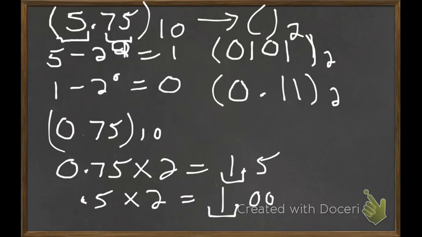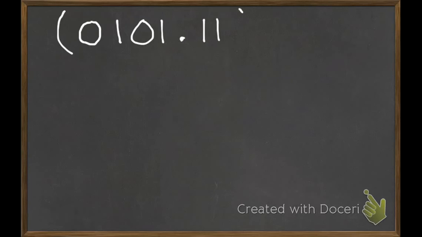I'll go ahead and write that on the next slide. So the 5.75 binary representation is 0101.11.